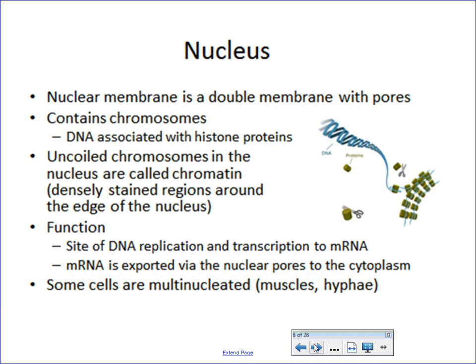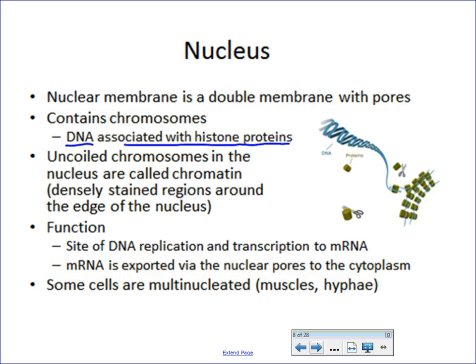The nucleus has a double membrane with pores, meaning that it has two membranes surrounding it. And inside the nucleus, this will contain chromosomes. So the chromosomes are the DNA of the cell that are associated with a particular type of protein referred to as a histone protein.